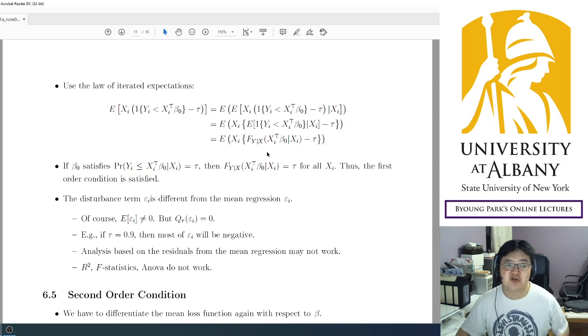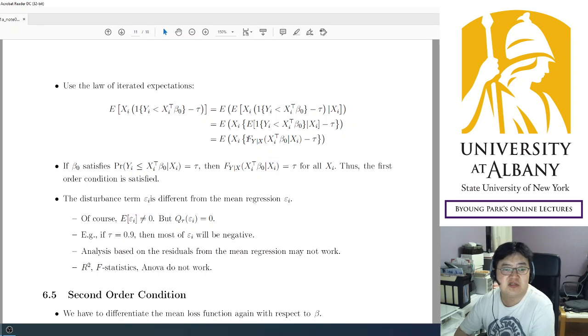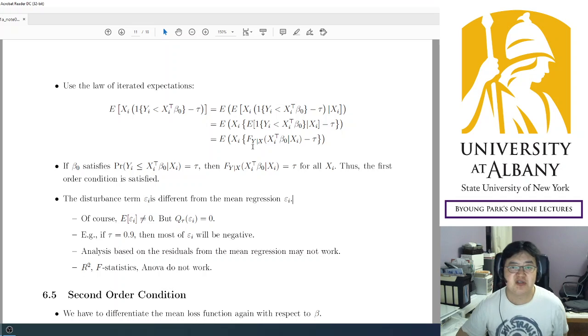This is the definition of the conditional distribution function of y given x. So we may write it this way, and if beta satisfies this, then it will be tau. These two are equivalent equalities. So the first order condition is satisfied at the true parameter.